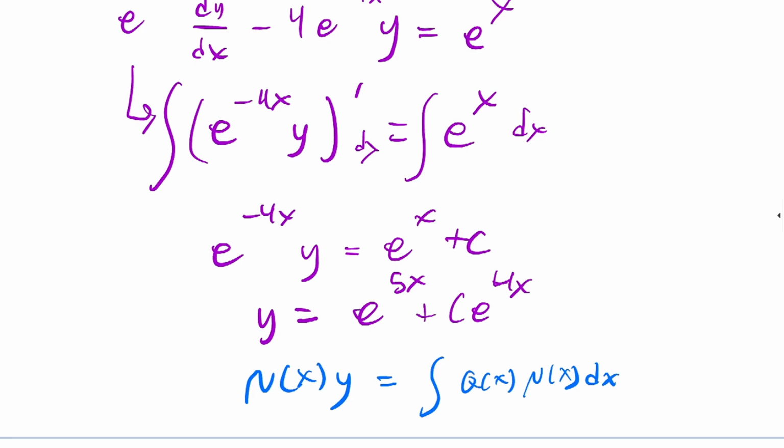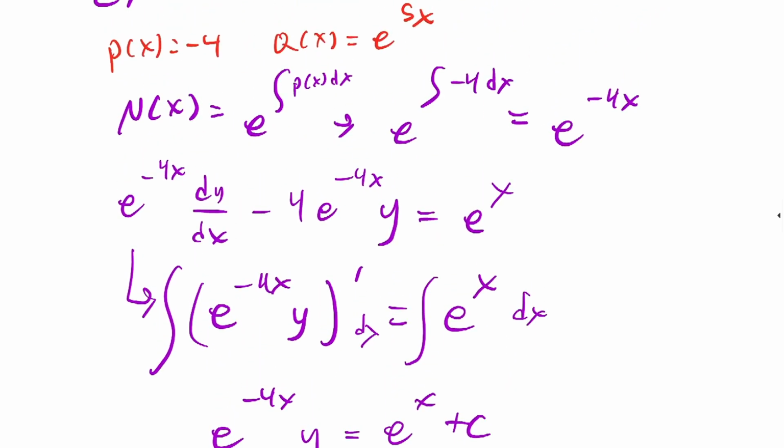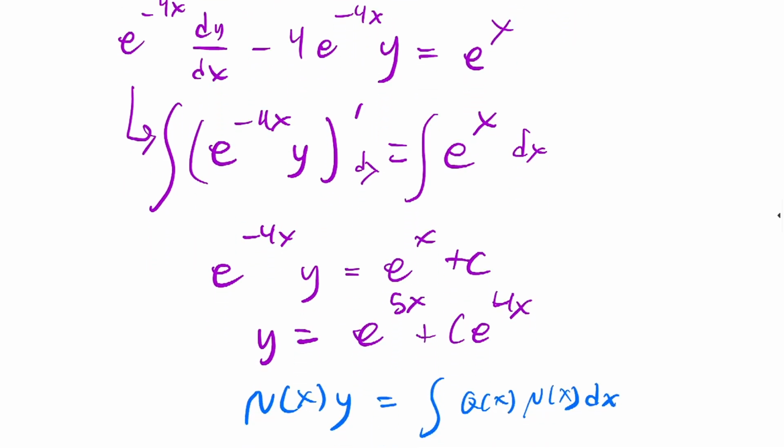That's going to be the result every single time. Right after you find the integrating factor, you're always going to get mu of x times y on the left-hand side, and we're going to see that in the next example too.